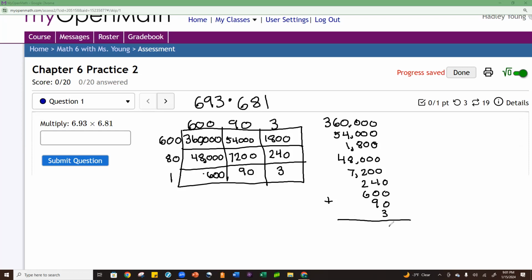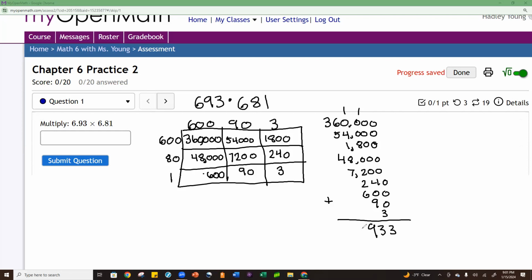In the ones place, I have a 3. The tens place, I have 9 plus 4. That gets me 13. I carry the 1. 1 plus 8 is 9. 10, 11, 12, 13. 13 plus 6 is 19. Carry this one. 1 plus 4 is 5. Plus this one is 6. Plus 8 is 14.